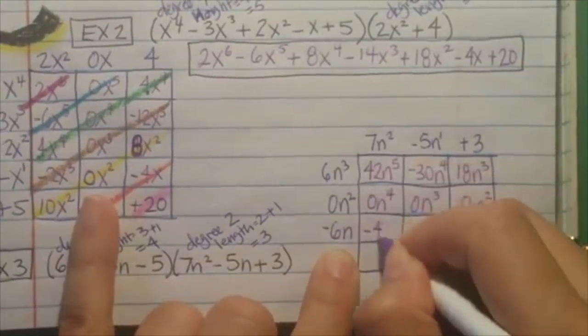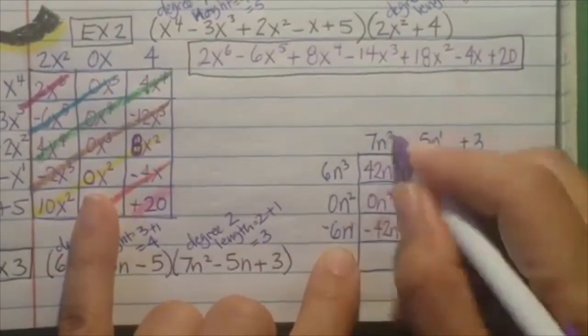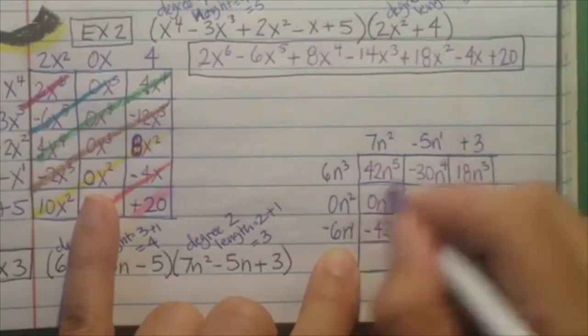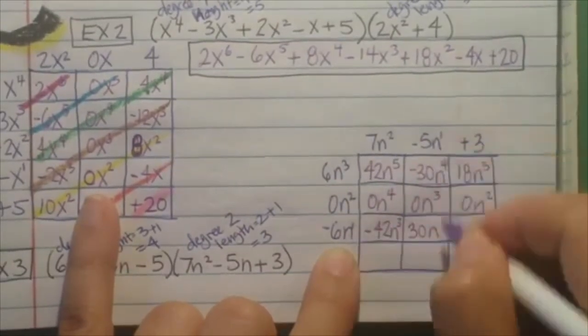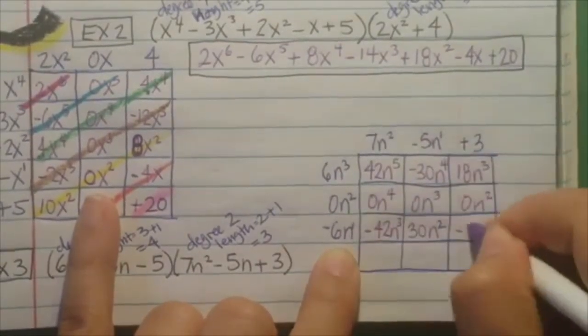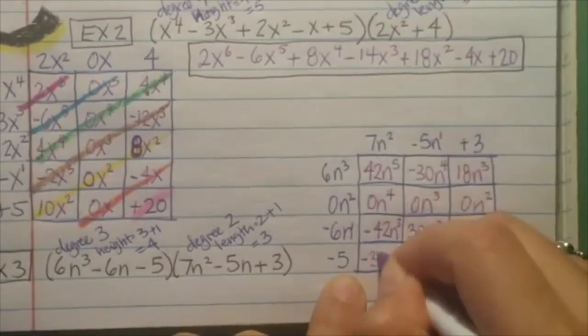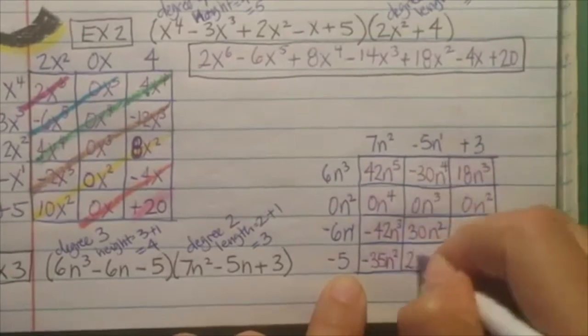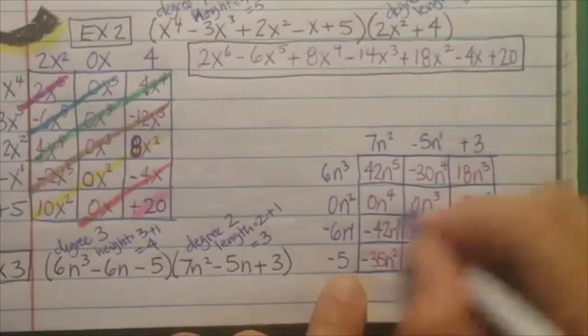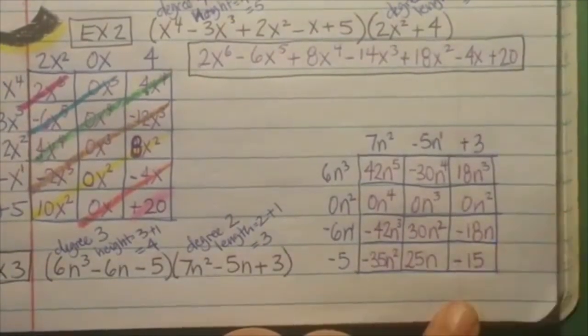Next one, negative 42n, add the exponents, 3. Positive 20, add the exponents, 2. And negative 18n. Last one, negative 35n squared, positive 25n, and negative 15.